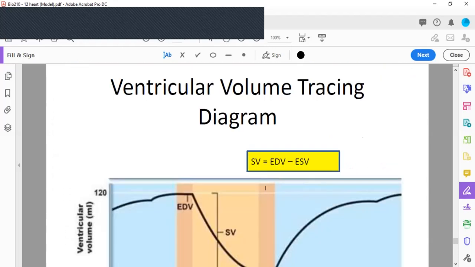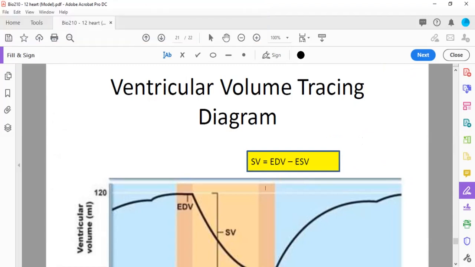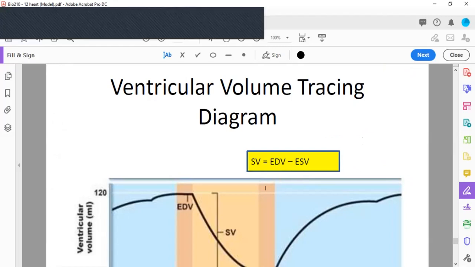Next slide. Okay. This slide represents the volume tracing within the ventricles. Make sure you guys recognize this image for the exam. So what we can say is that the equation for stroke volume is equal to EDV minus ESV.